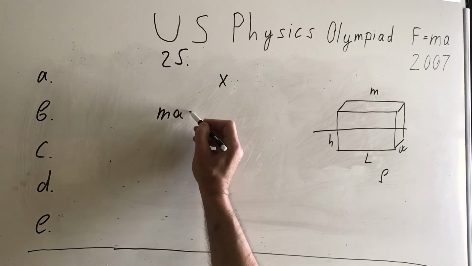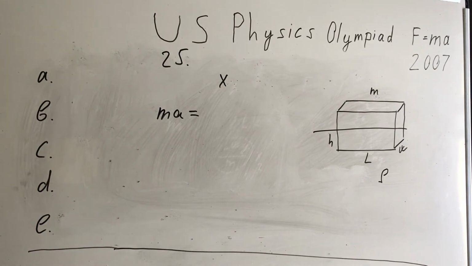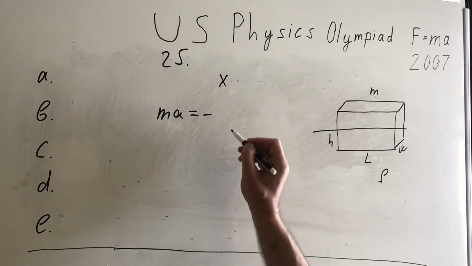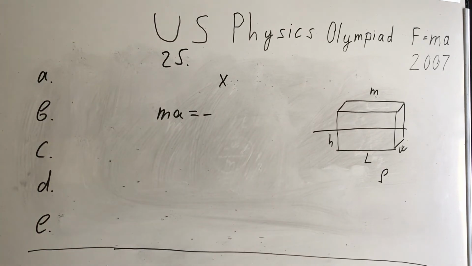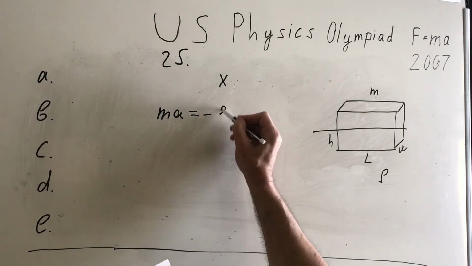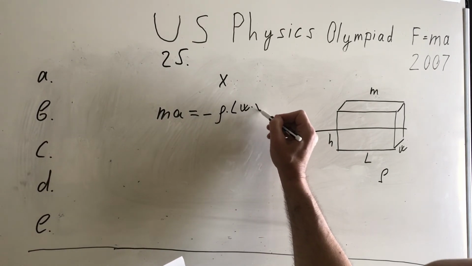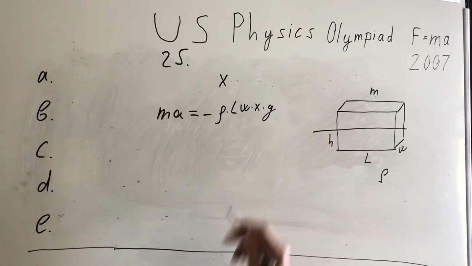Ma equals the Archimedes force, which is going up, so it's negative compared to the displacement, and the Archimedes force equals the weight of displaced water, which is ρ L W x g.